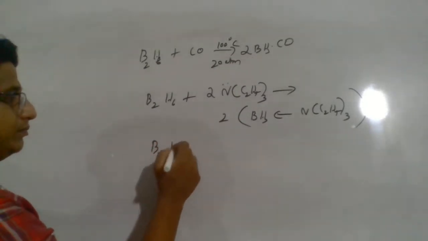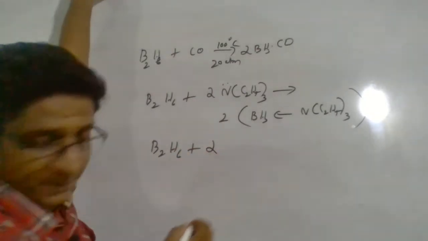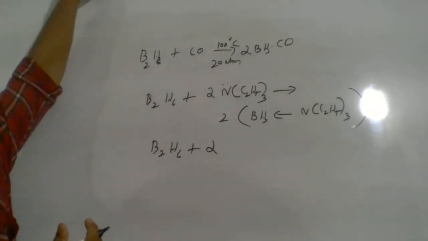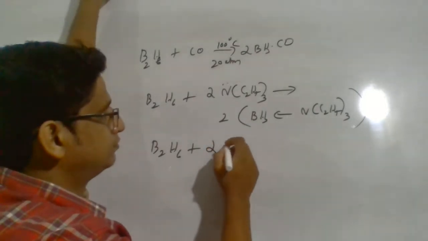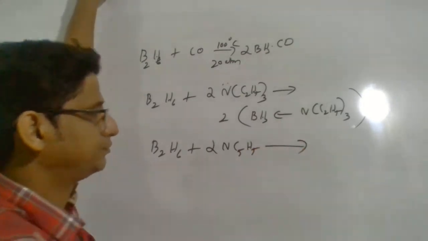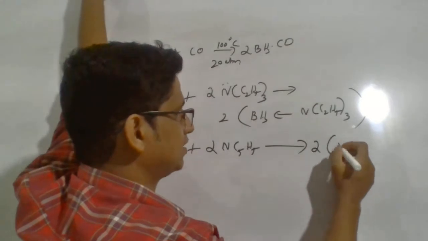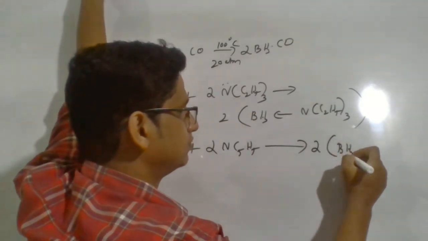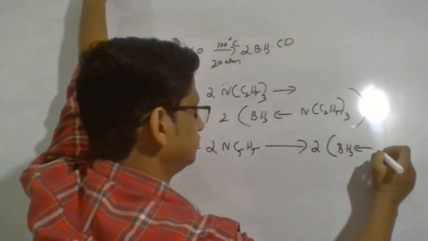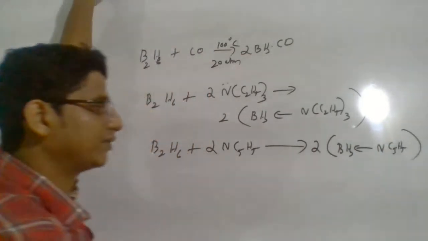Similarly, pyridine. When it reacts with diborane, pyridine, which has the structure C5H5N, forms a similar kind of structure, so an adduct will be formed.